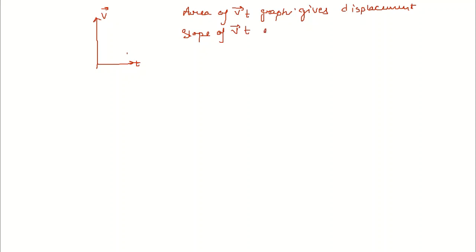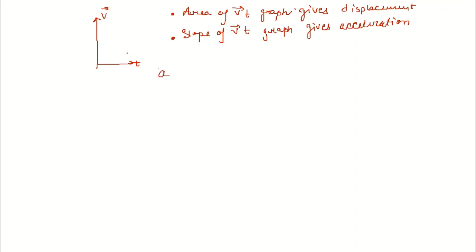For a VT graph, the area of the VT graph gives us displacement and the slope of the VT graph gives acceleration.